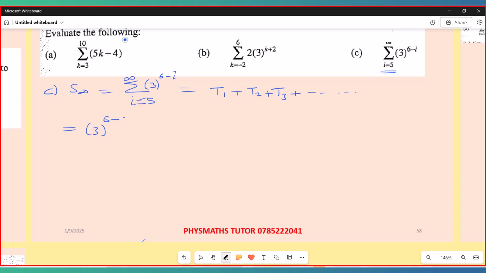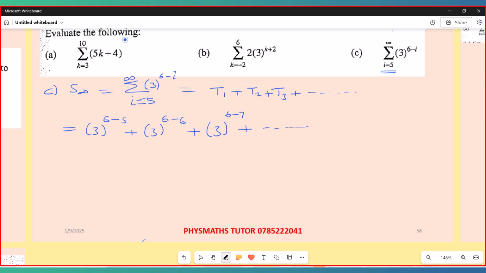Then plus bracket 3, power 6 minus 6. Again plus 3 to the power 6 minus 7. Then plus so many until infinity.